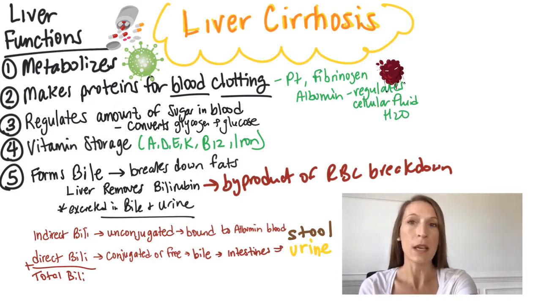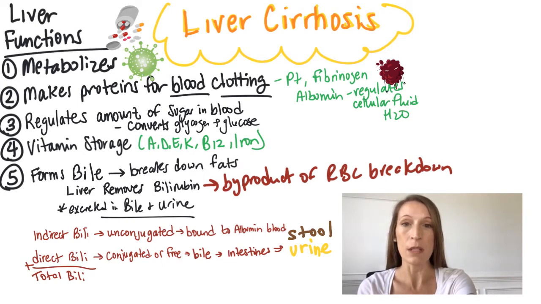The next one is that the liver forms bile, and bile is the substance that breaks down fats. It also removes bilirubin, which is a byproduct of the red blood cell breakdown. So it's excreted in the bile and the urine. Now there's 3 different ways that we look at the bilirubin lab work.